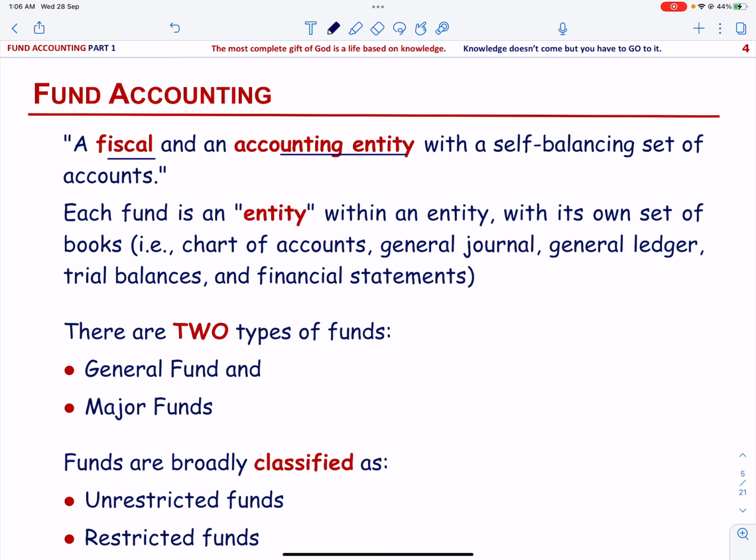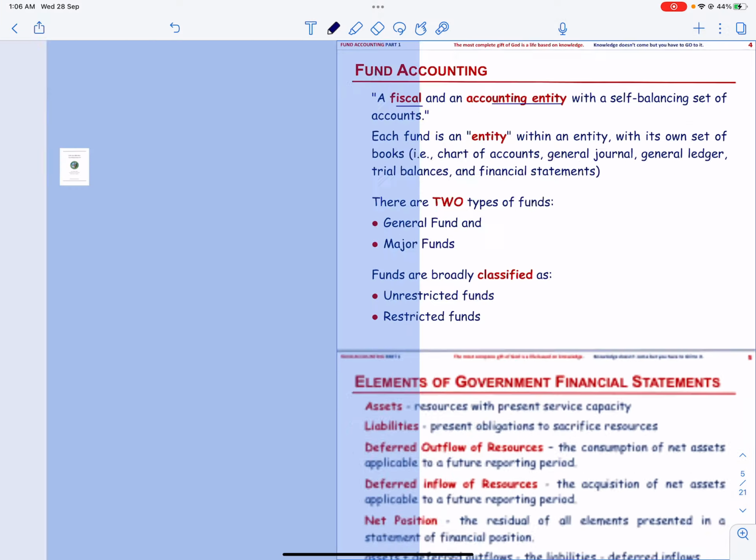The government may have a major project on healthcare, so there must be a healthcare fund that will record all the revenue generated and expenses incurred to operate this project. Let us look into the governmental fund balance sheet for the city of Chicago and go deeper into these funds.